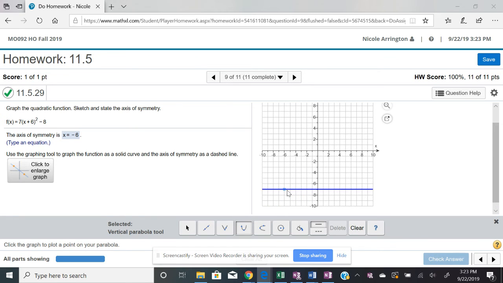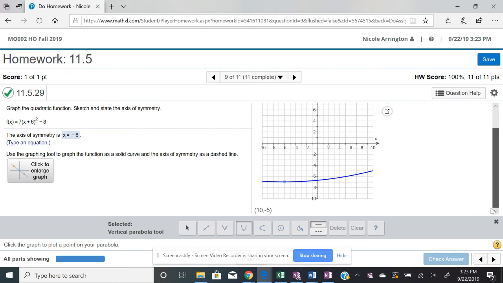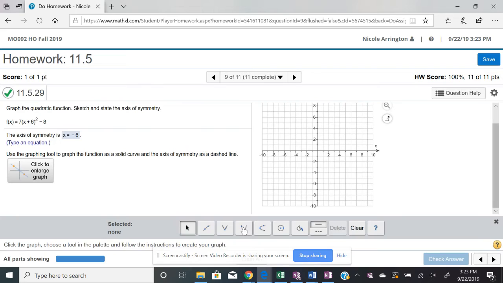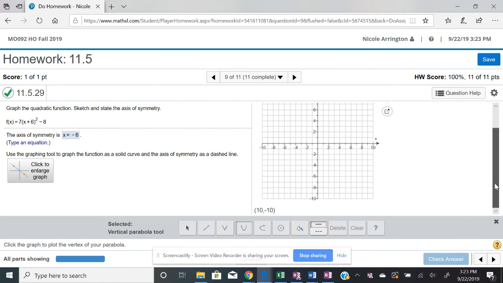I want to be able to see that point. Okay. Hit okay. So let's make sure I can see these points. So -6, -8 was my vertex. Oh, so that's not going to work. That was -1, -1. I needed -5, -1.